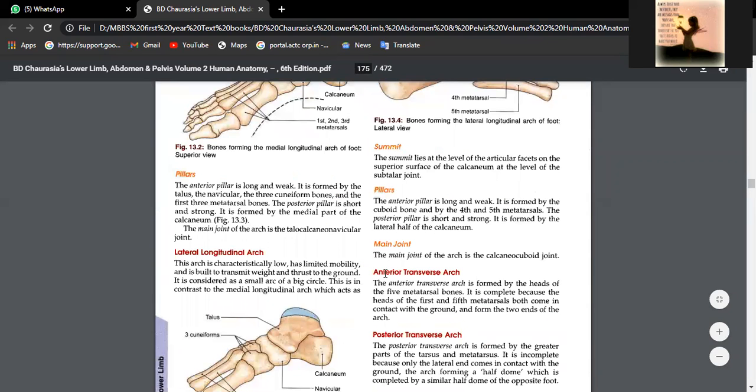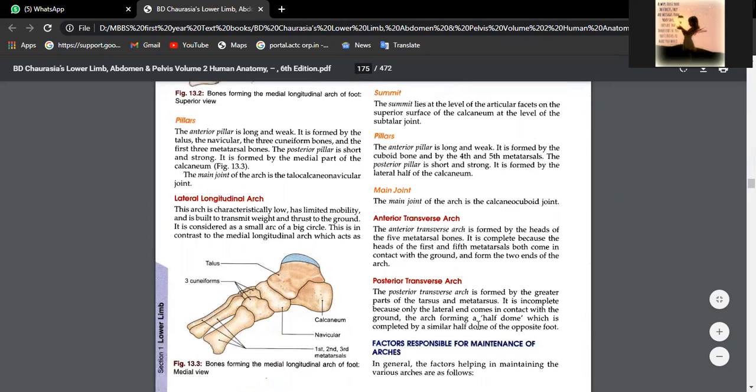Apart from this, we also have two transverse arches. The heads of the five metatarsals form the anterior transverse arch. It is complete because it comes in contact with the ground. The posterior transverse arch is formed by the greater part of the tarsus, the tarsal bones and metatarsal bones.